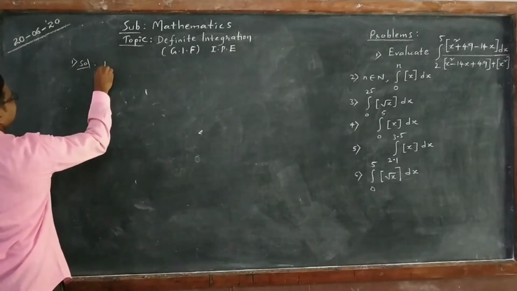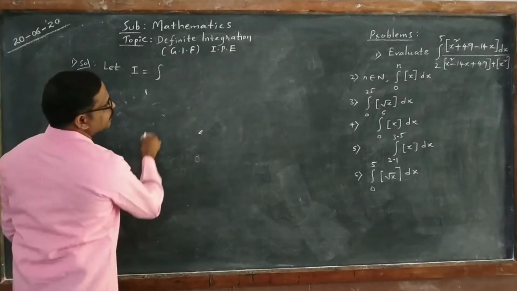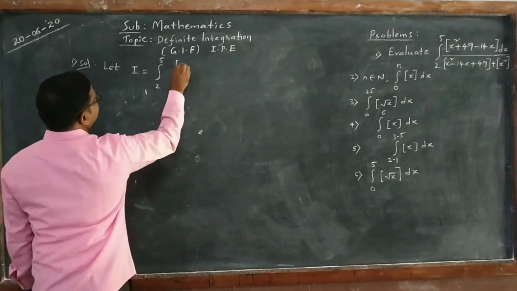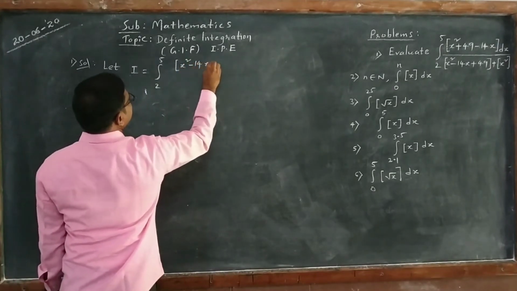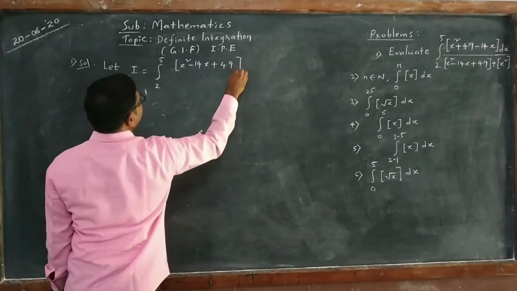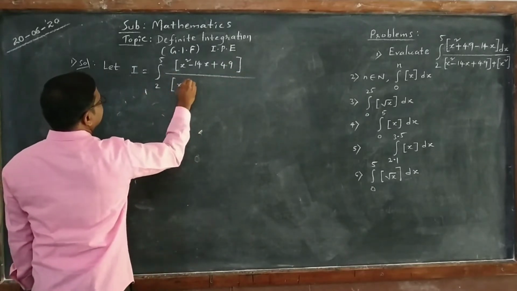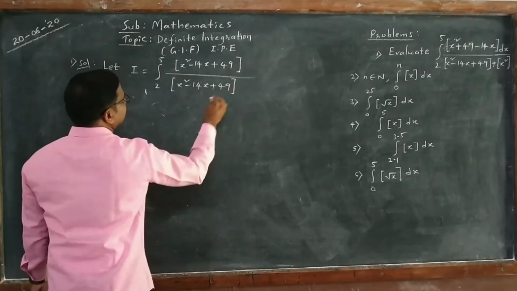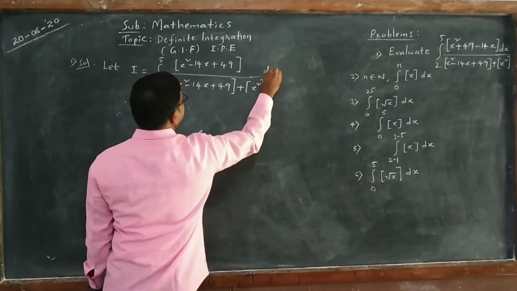Let me take I is equal to integration from 2 to 5 of [x² minus 14x plus 49] upon [x² minus 14x plus 49 plus [x²]] dx, where [ ] is the step (greatest integer) function.